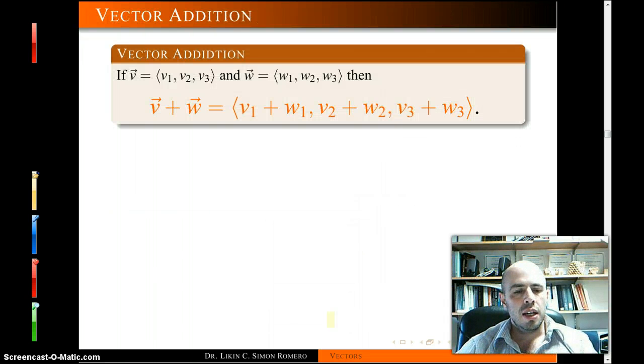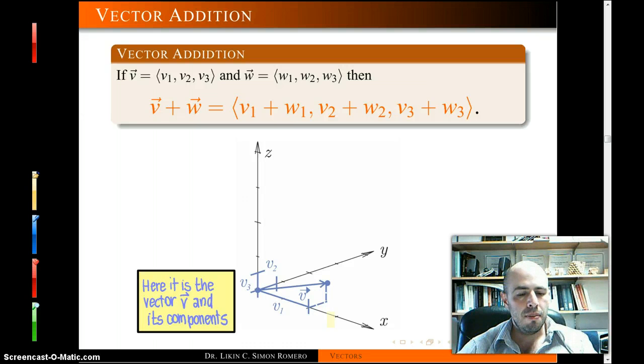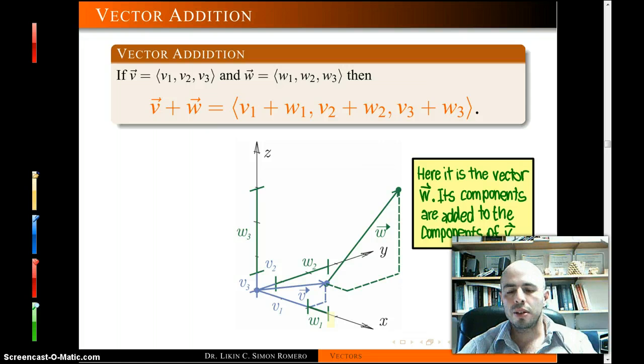Vector addition. If you have B equal to <B1, B2, B3> and W equal to <W1, W2, W3>, then B plus W is going to be the addition of each one of the corresponding components. Here is the vector B and its components, and then what we're going to do is add each one of the components of W. That is equivalent to putting the tail of the vector W at the tip of the vector B. So here is the vector W and its components.